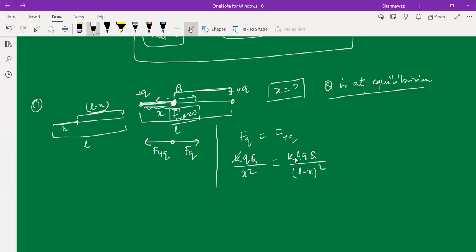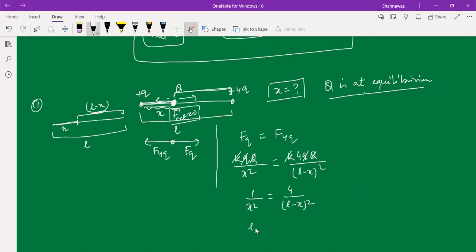Yes, sir. So K cancels, Q cancels, Q cancels, so we have 1 by X square equals 4 by L minus X square, right?